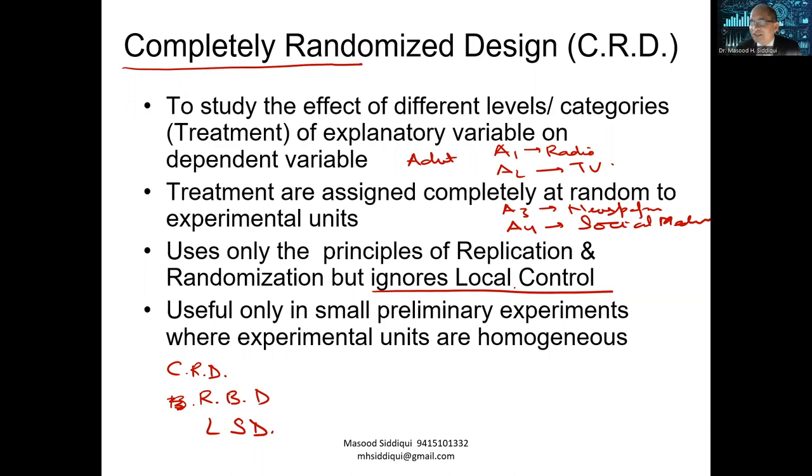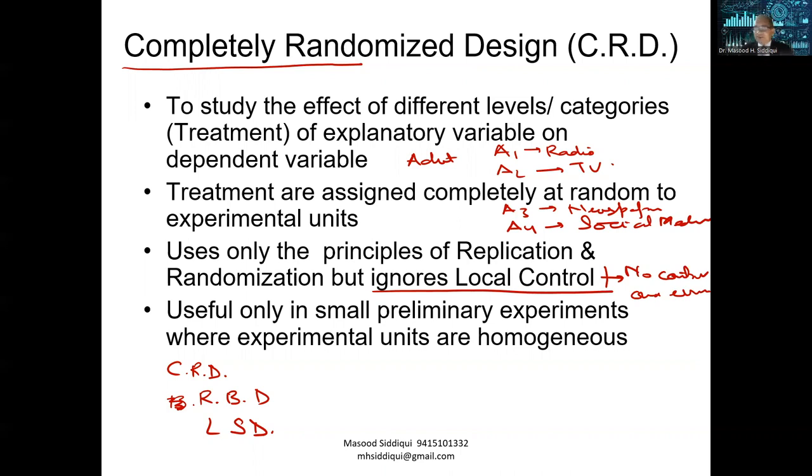It does not have local control, so it has no control over the error component. So how is that handled? Since it has no control on the error component, we try to have every extraneous factor similar.